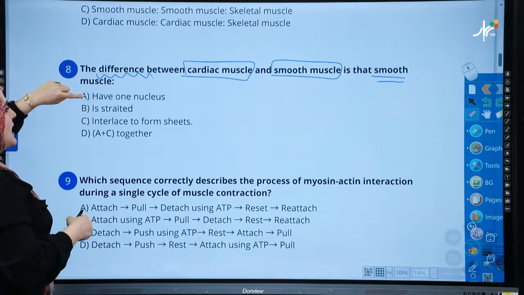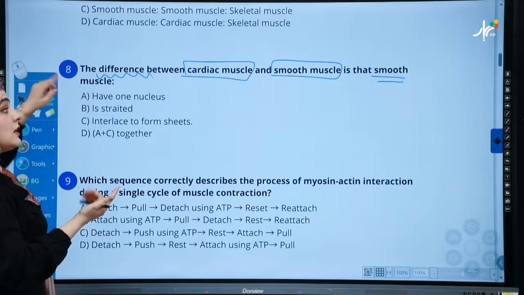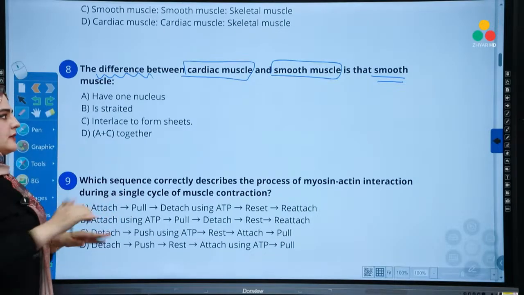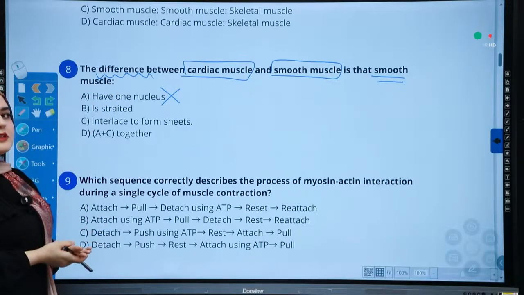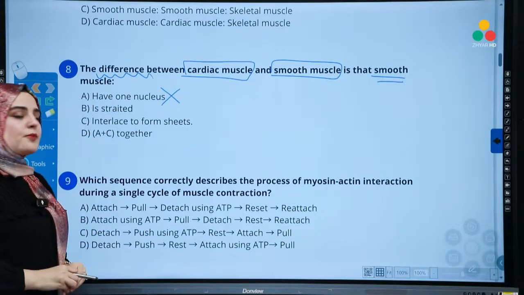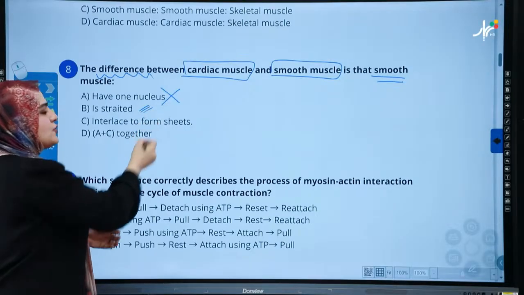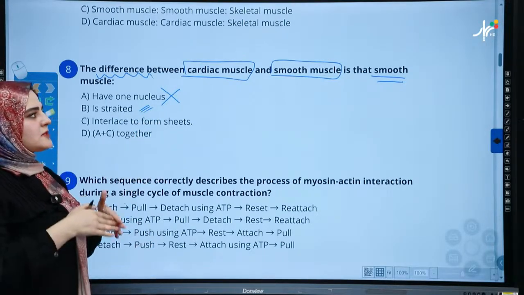Check this out. Have 1 nucleus. Does smooth muscle have it? Yes. But does cardiac have it too? Yeah, that means it's a similarity. It's not a difference. We cannot use that. Similarities are out of question when it's asking for difference, even if it's correct for smooth muscle. Serrated means they have the lines. Smooth muscle, it says smooth. It doesn't have it. So cardiac muscle have it, but smooth doesn't.